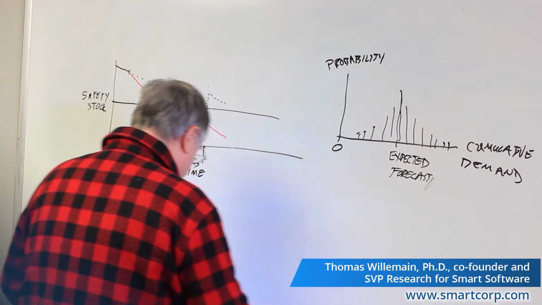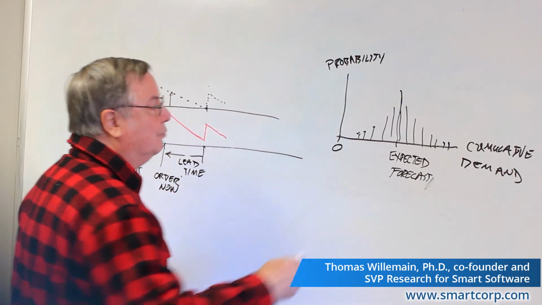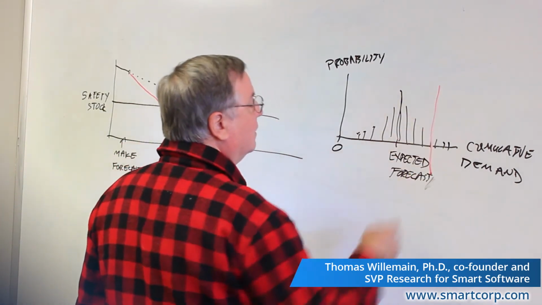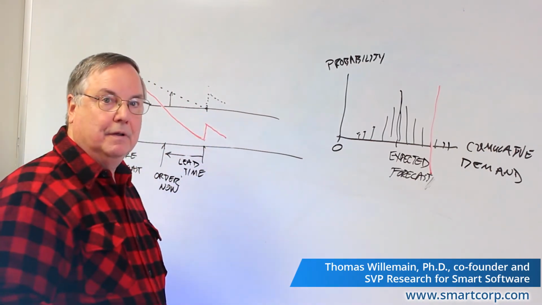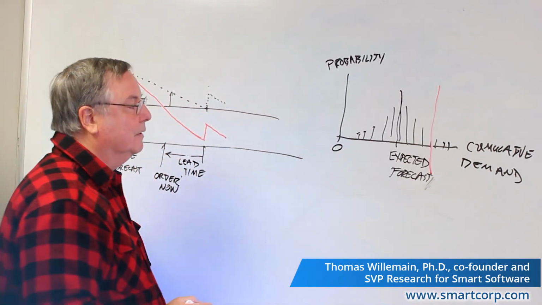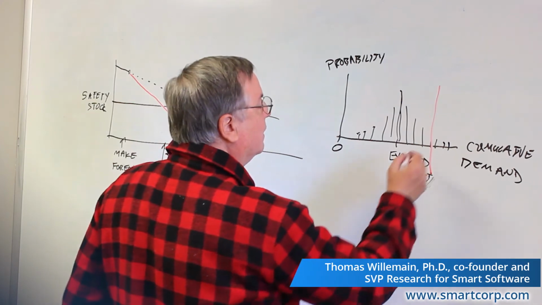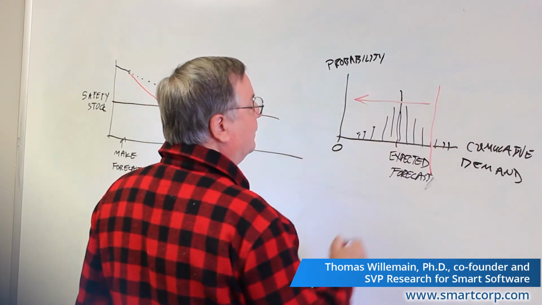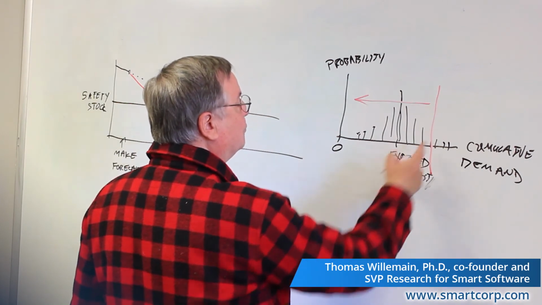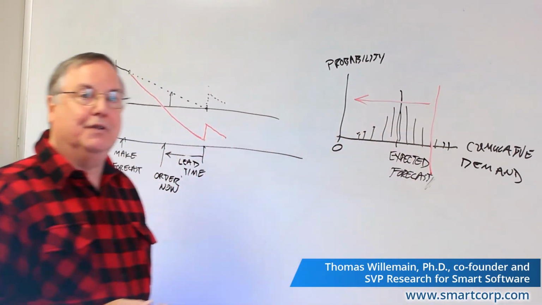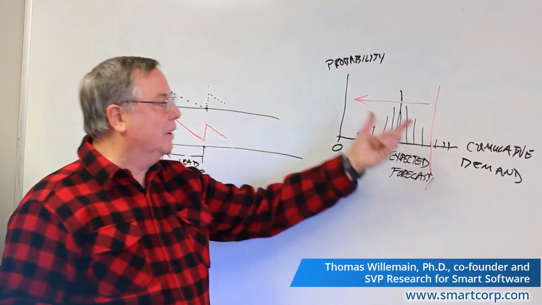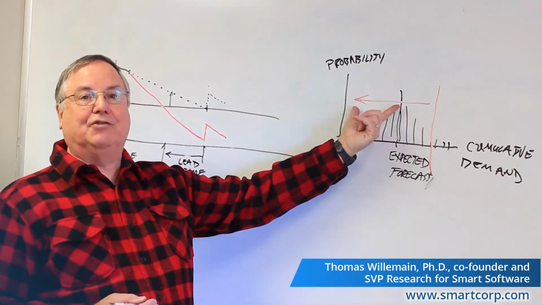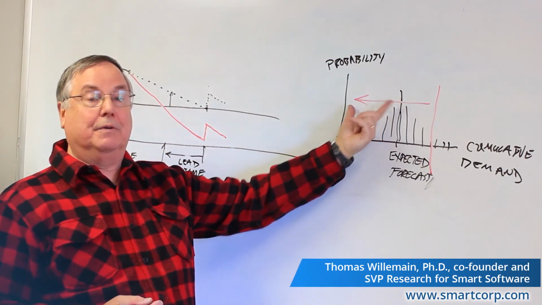And conceptually, the way we work with that is we draw a line up here above the expected forecast. And we say, we will try to set the safety stock at a level which will cover most of the contingencies. Maybe this red line covers 90% of the possible ways the demand could play out.